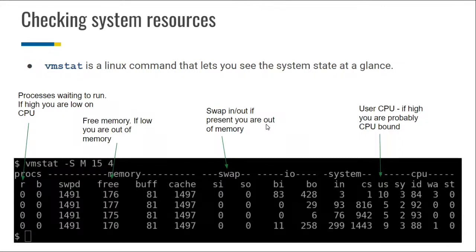If you're out of memory, your system will start trying to use swap memory, which is fake memory. And typically when that happens, everything goes to hell. So you do not want that to happen ever on your server. There's also the swap column there, and how much free memory you have.